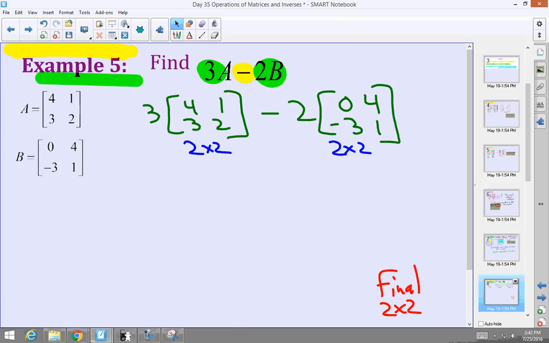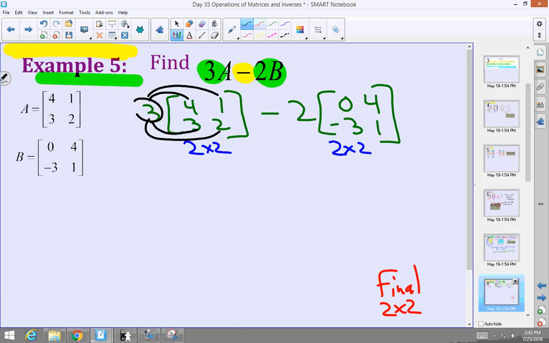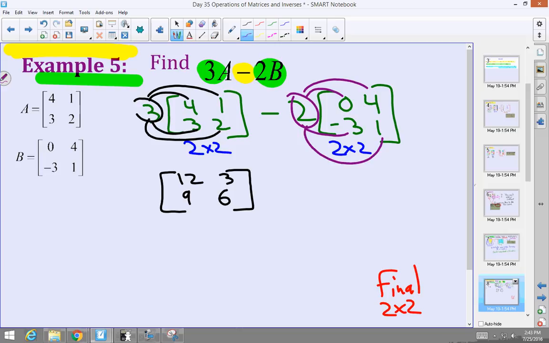Now, first thing, you're going to distribute the 3 to each part of that front matrix. And this becomes 12, 3, 9, 6. That's the first matrix. Now I'm going to distribute, and you can think through this how you want. You can distribute the negative 2, or you can just distribute the 2 and realize later I'm going to subtract.